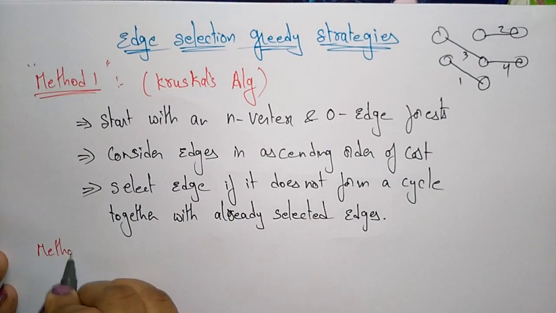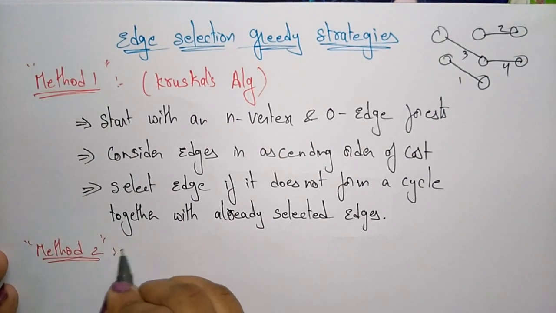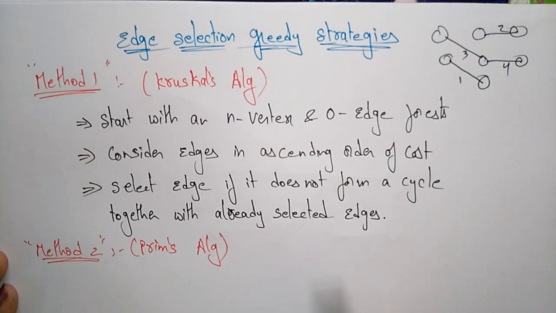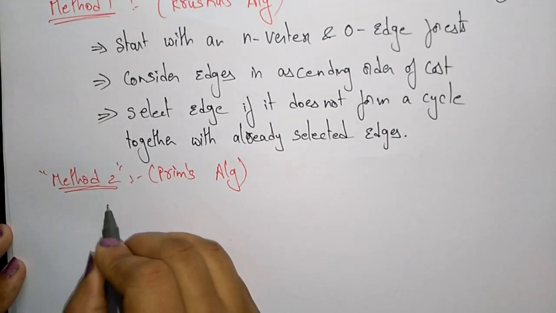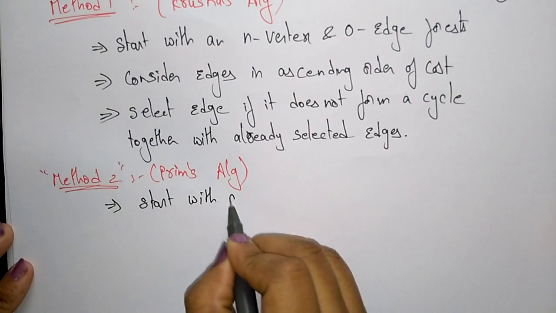And method 2 for selecting the edges is by using Prim's algorithm. So what are the steps you have to follow for Prim's algorithm? First, start with one vertex.